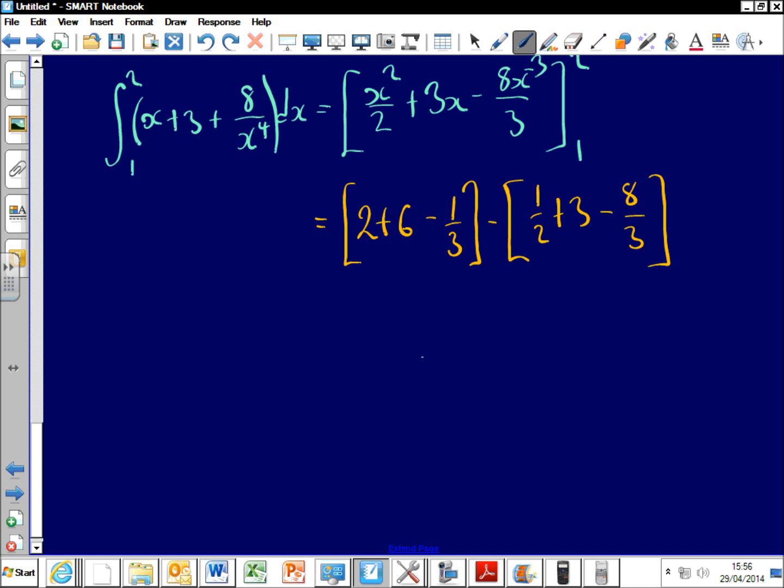Okay. I've just got to simplify all this. I think you only get 1 mark for doing this last little step. So this is 8, take away a third. And then I'm going to take away, what do I get here? What's this? This is 1/2 plus 3.